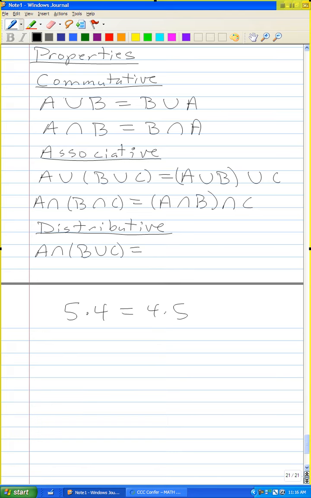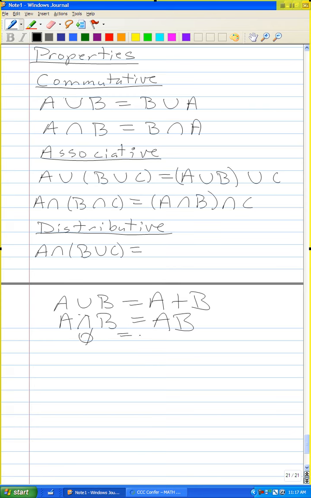If you use the old notation for union and for intersection, they just look like all the normal properties you always had. So you don't really have to memorize them, if you just use all these old notations.